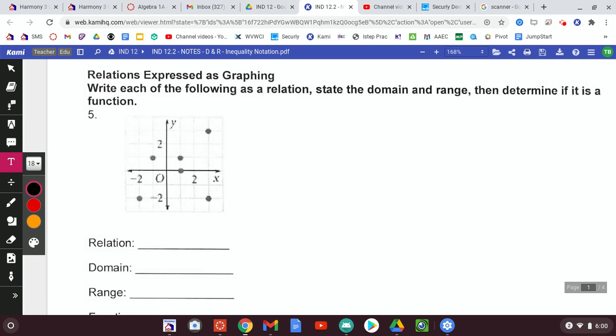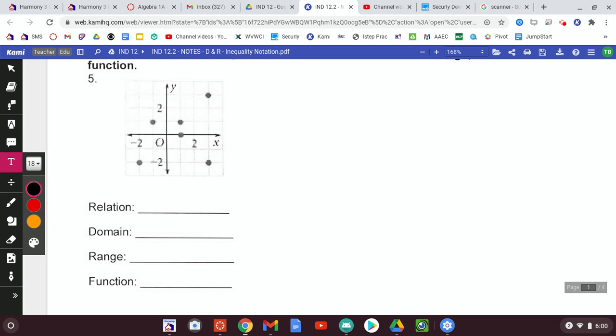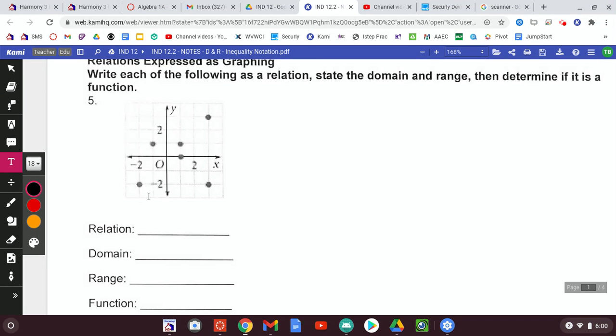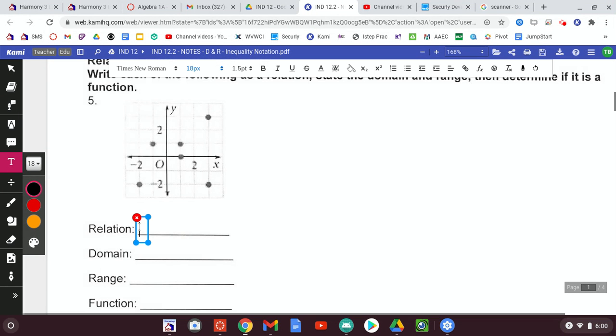Okay, next, this is also a review. It says, write each of the following as a relation, state the domain and range, then determine if it is a function. So if we remember back to day 1 of indicator 11, we defined what a relation is, and a relation is simply a list of ordered pairs that all are in a relation together. So we start out with our fancy brackets, and then we start listing each xy value.